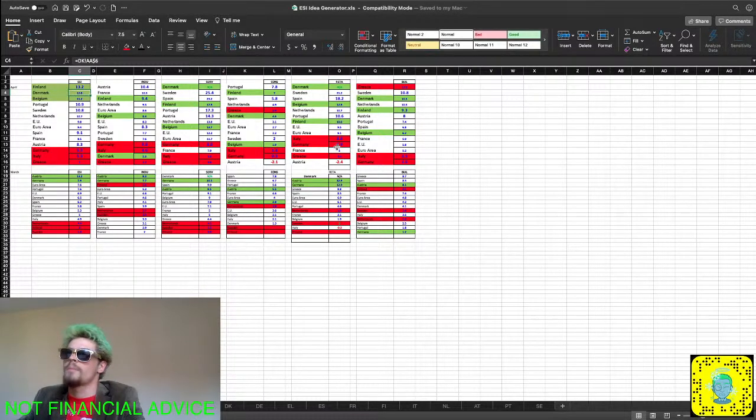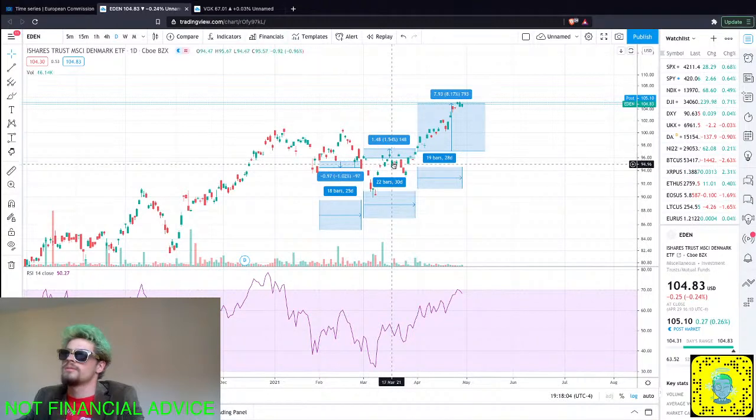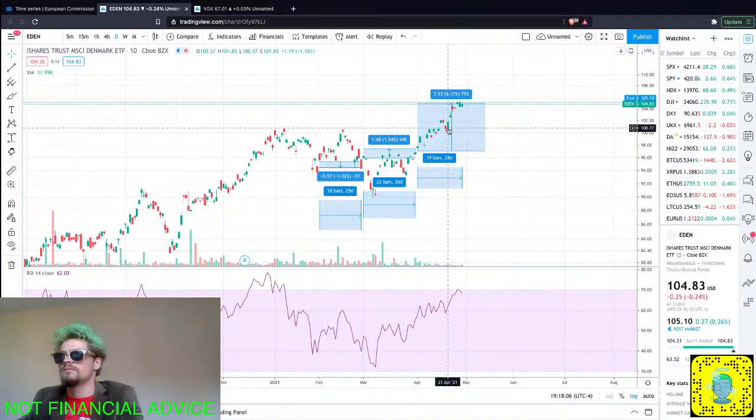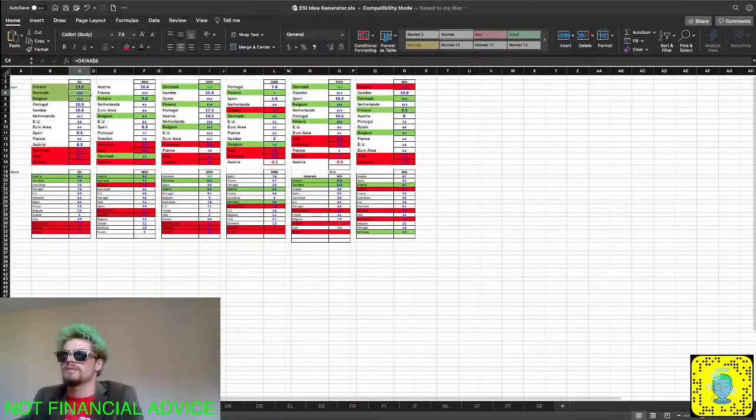So, by seeing this direct correlation between the price of the Denmark ETF and the Denmark Economic Sentiment Indicator. One second.